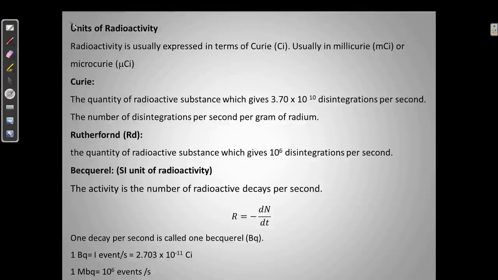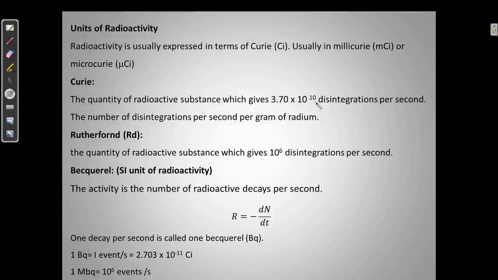So what is the unit of radioactivity? Radioactivity is usually represented in terms of Curie, represented by Ci, usually in millicurie or microcurie. So one of the units of radioactivity is Curie. Curie can be defined as the quantity of radioactive substance which gives 3.70 into 10 raised to 10 disintegrations per second.